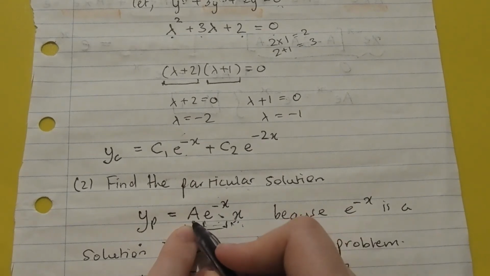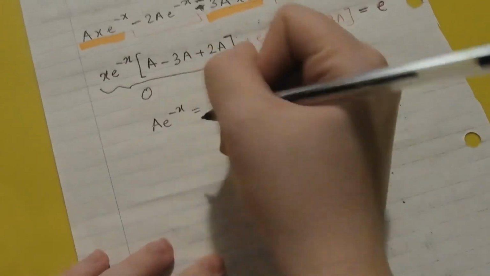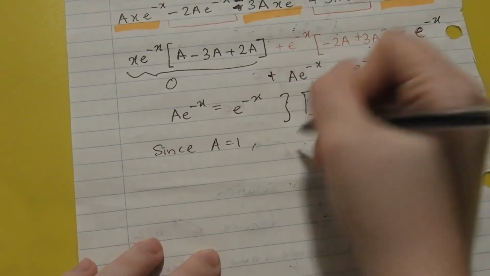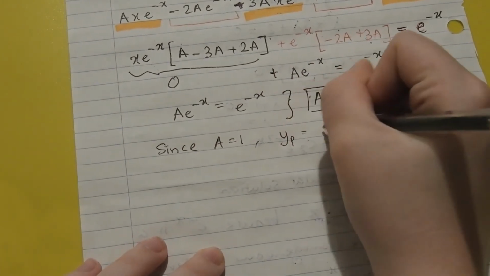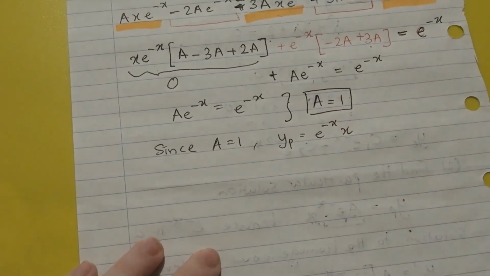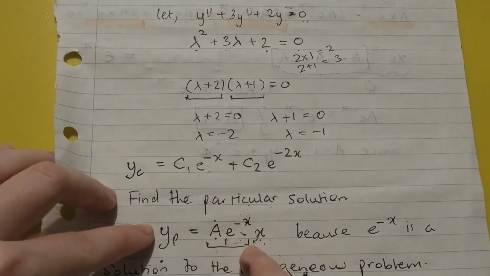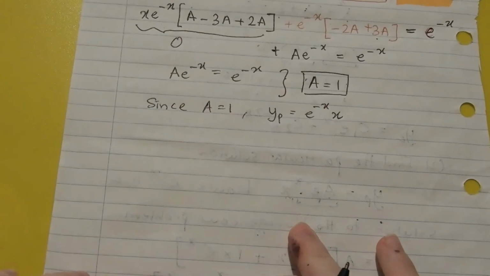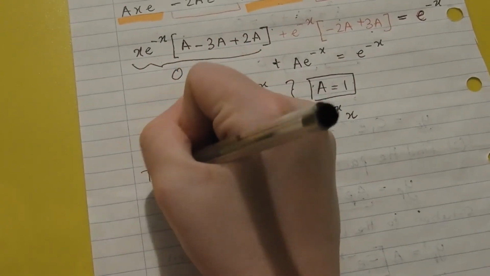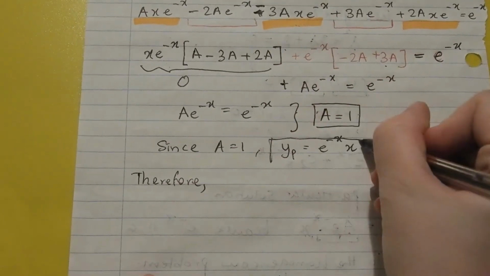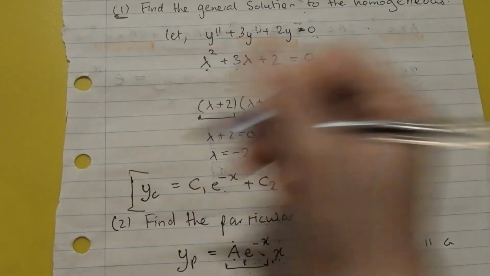And since a is 1, y of p equals x e to the negative x. Therefore we can now combine these.